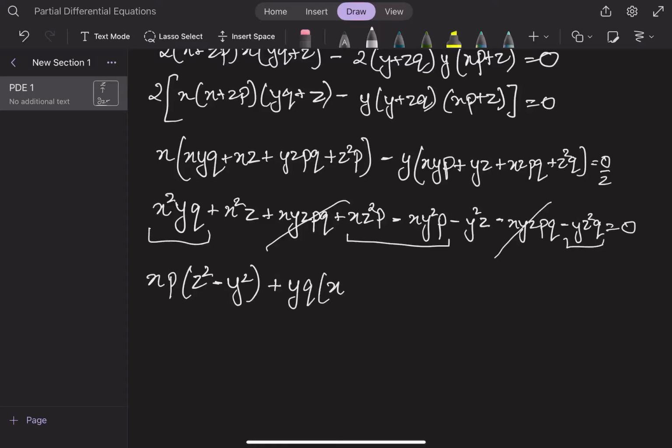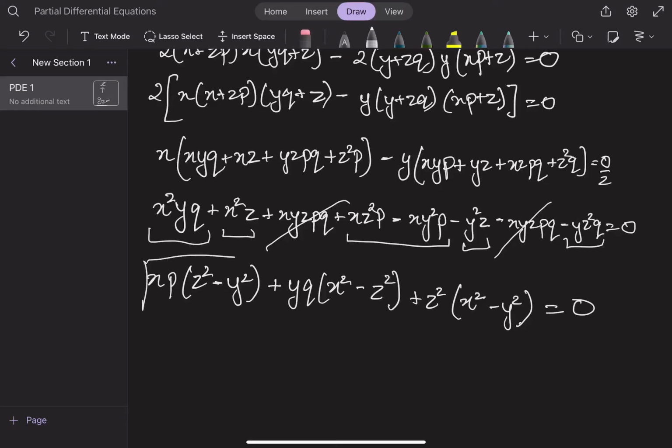So this becomes x square minus z square, plus, let's take z common from these two terms, plus z times x square minus y square, is equal to 0. So this is your final answer.